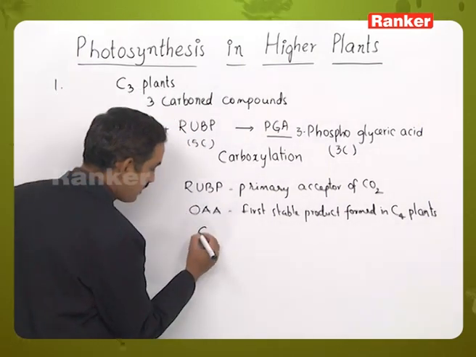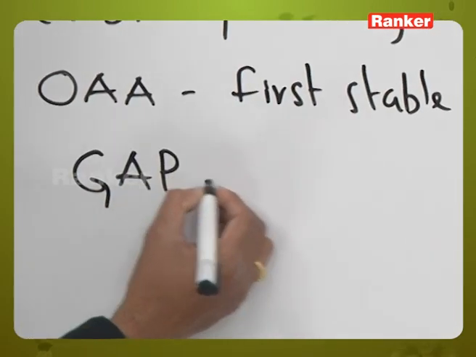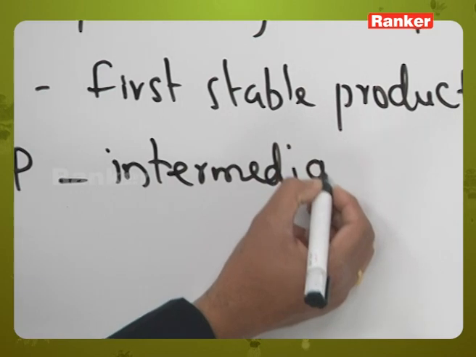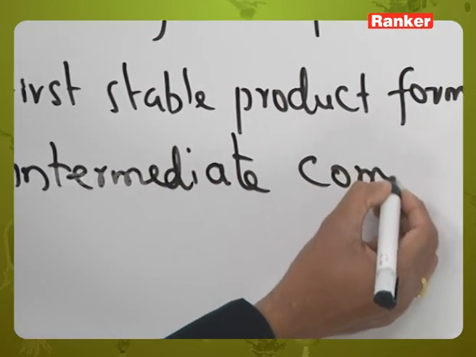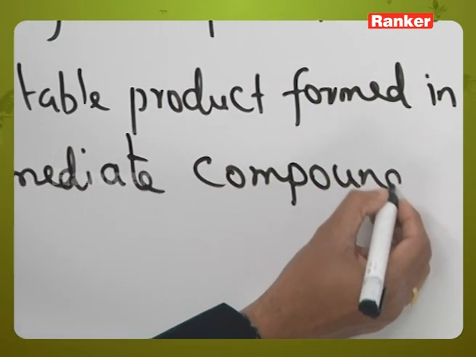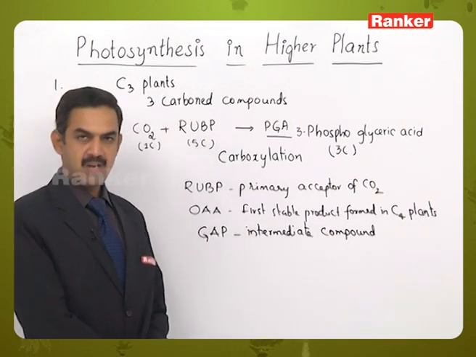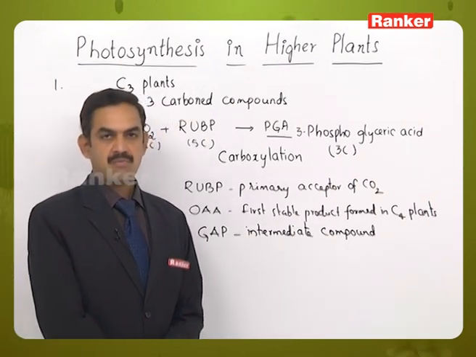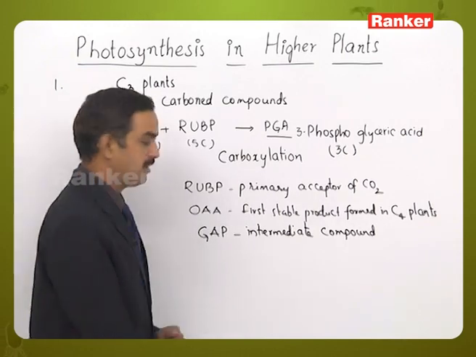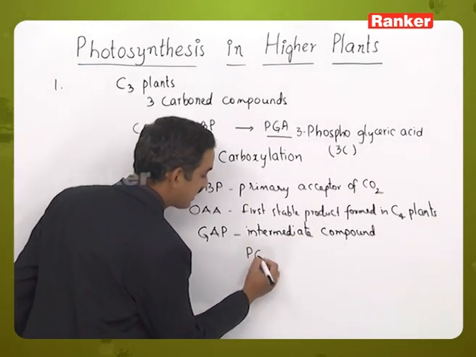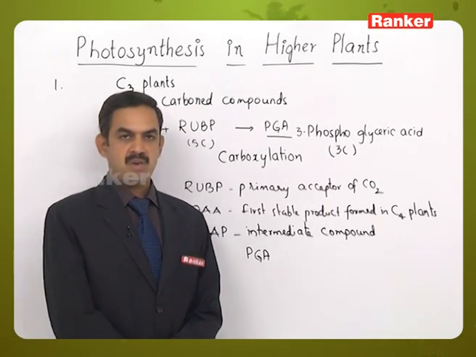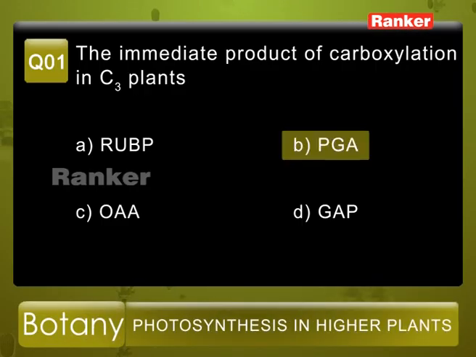And GAP is one of the intermediate compounds formed in the process of carbon dioxide fixation. So from the given options, the first or immediate product of carboxylation in C3 plants is phosphoglyceric acid. So the correct option for question number 1 is option B.